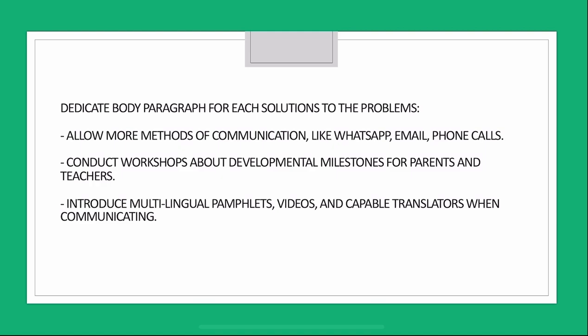This would bridge the gap in communication, because when a pamphlet, for instance, details what the teacher is trying to convey in great detail, and they're able to read it themselves, they are able to understand what is going on, as opposed to misunderstanding what the teacher is saying, because they simply don't understand the language as well. So I think these are three great solutions to the problems that they could face.